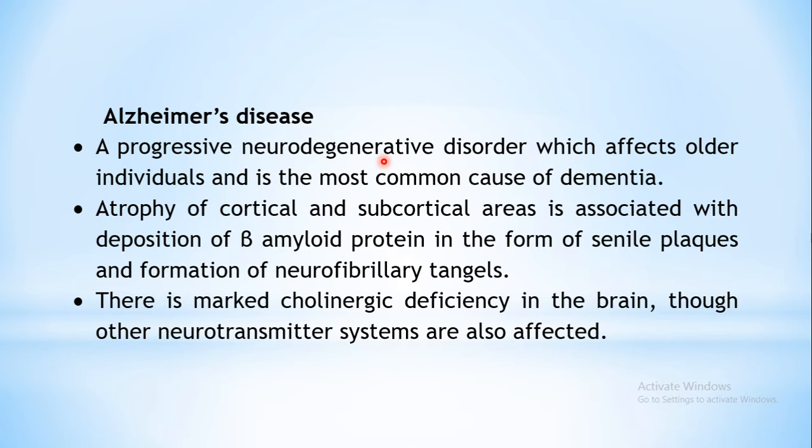So there is a loss of neurons in the brain, and because of this you lose certain functions which are carried out by those neurons. That's why all those symptoms get precipitated.